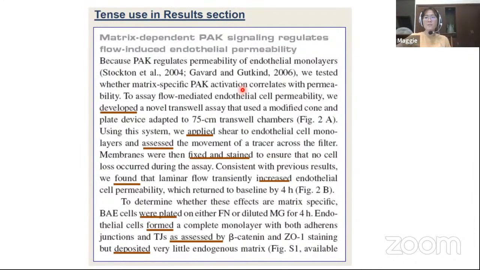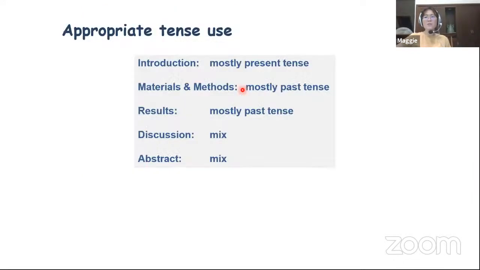So here use the past tense. So the appropriate tense for scientific writing: for the introduction, mostly use the present tense. For the materials and methods, mostly use the past tense. For the results, mostly the past tense. For the discussion, when you describe the study you found in your lab, then use the past tense.